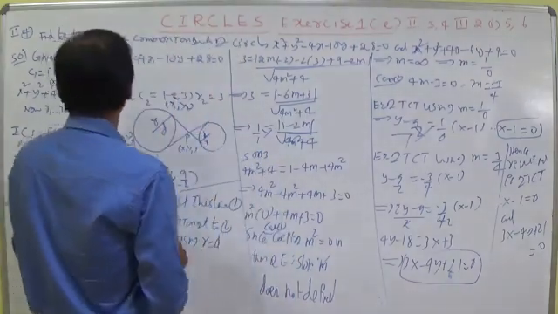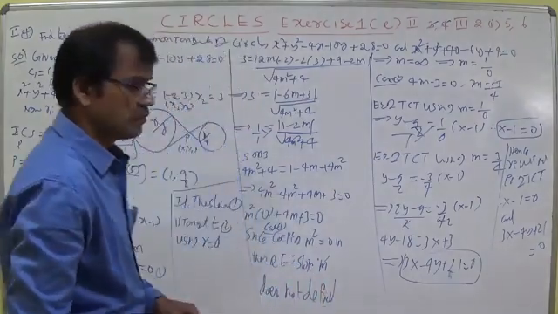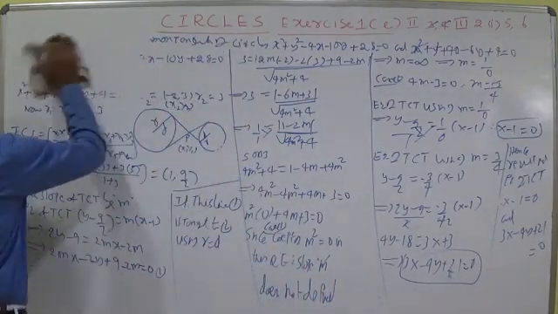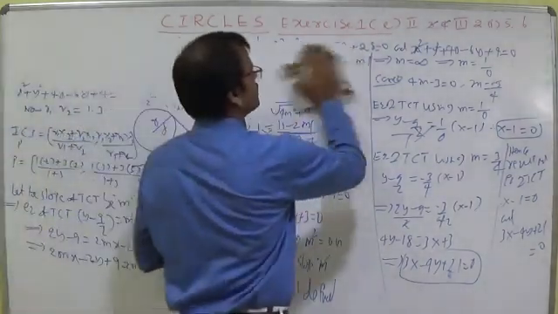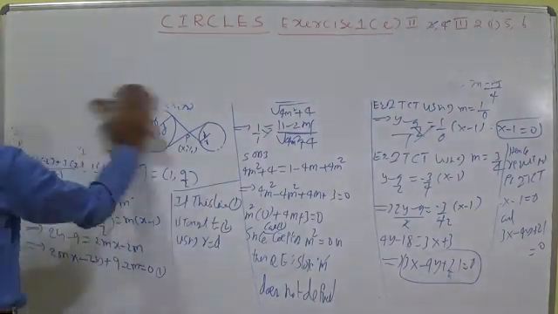We have completed Roman number 3, 4, very important questions. What DCT and TCT, both we have discussed. In Roman number 3, in the first question, he gave: find all direct common tangents.